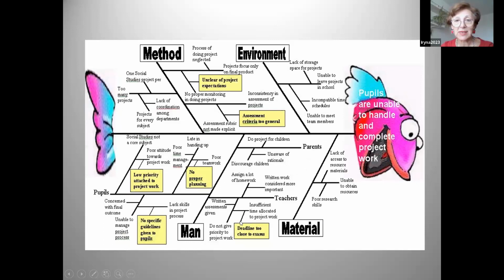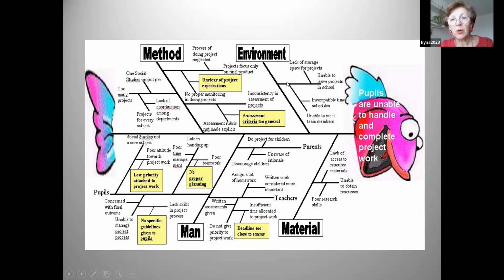But let's see some other example. What I want you to see are some other things that you can add to your fishbone analysis. Here's a problem: people are unable to complete project work. And here we have 4 groups of factors: materials, man, method, and environment.